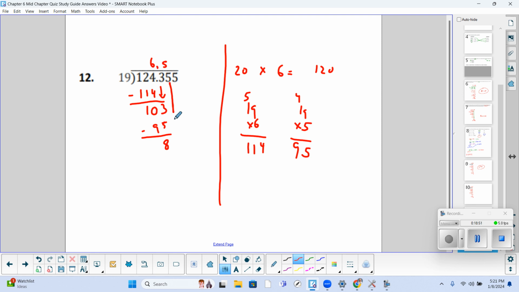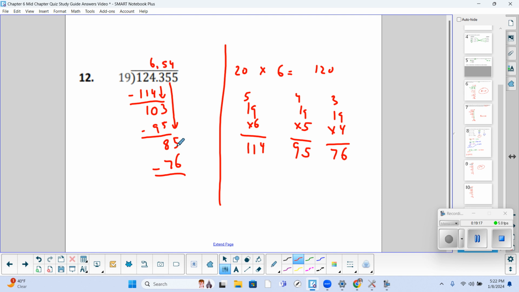Now I'm going to bring down this 5 right there. I know that 19 goes into 95 five times. That's too much. I have 85 here. So I'm going to do 4. 4 times 19: 4 times 9 is 36, carry the 3. 4 times 1 is 4, plus 3 is 7. So 4 times 19 is 76.